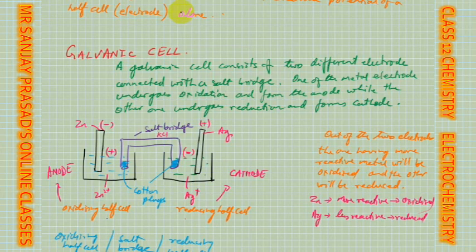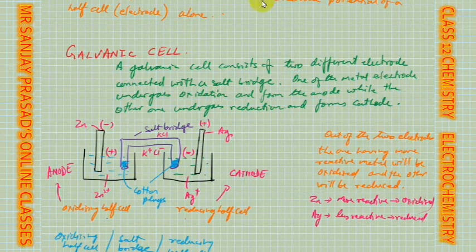And I told you, when they are close together, you'll never be able to measure the potential difference. So now, with the help of the salt bridge, what happens? Look here. Salt bridge means we have K plus and Cl minus, that also in a solution. Solutions can flow, isn't it?